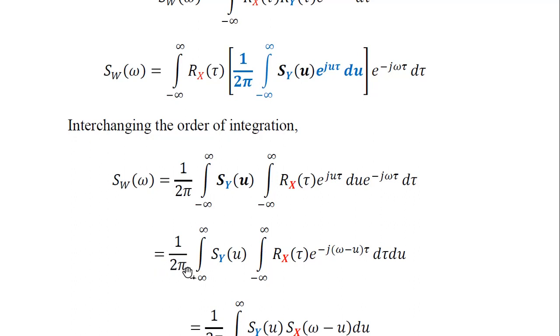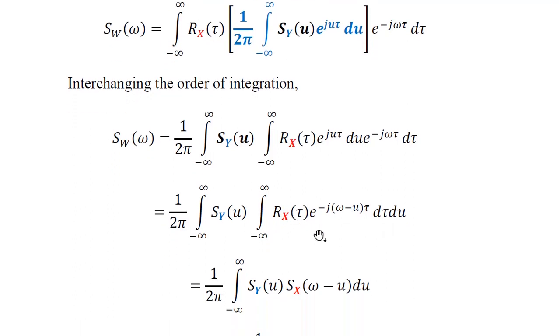This is equal to 1 by 2 pi integration from minus to plus infinity of Sy of u. Again we integrate for Rx of tau and group together the exponential term, which results in e to the power of minus j into omega minus u of tau d tau into du.